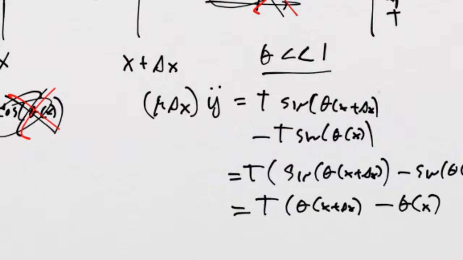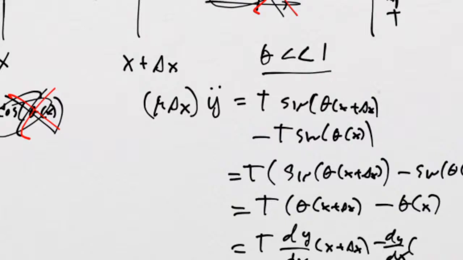So this tangent is the first derivative. So this is T times dy/dx evaluated at x plus delta x, minus dy/dx evaluated at x.